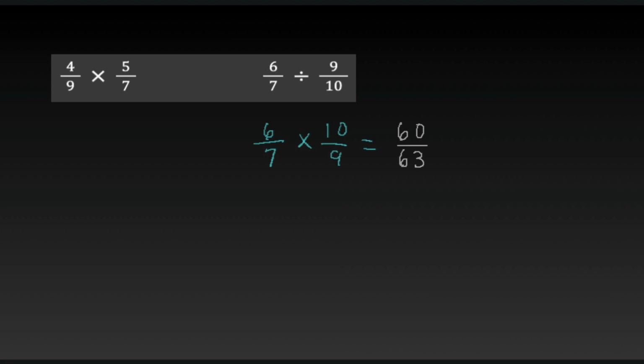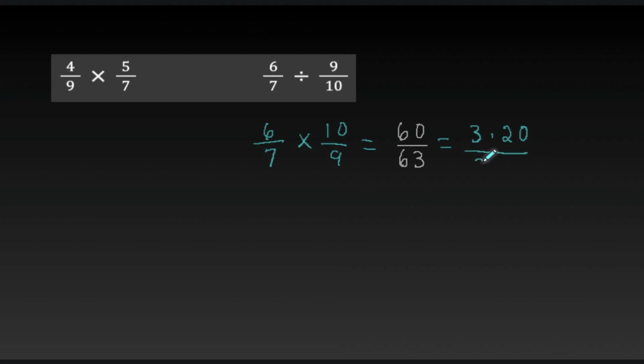Some people are more adept at seeing what the greatest common factor is than others, so it's okay. Just play around with the numbers if you need to. Here, we have 60 and 63. The greatest common factor is 3, and here's why. Let me set this up. 3 times 2 is 6, so 3 times 20 will be 60.